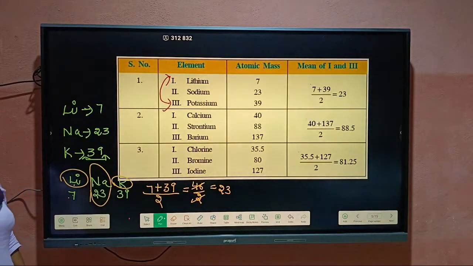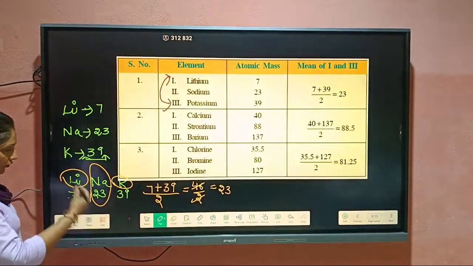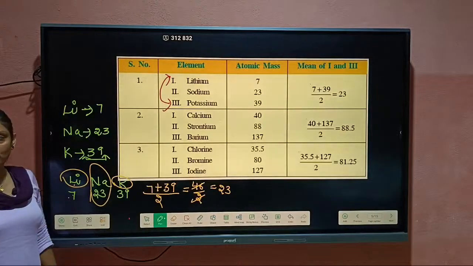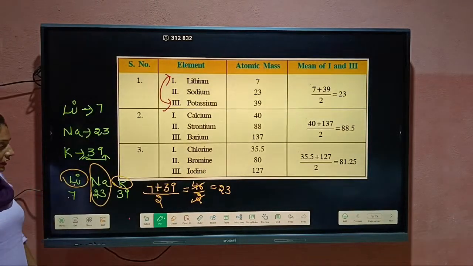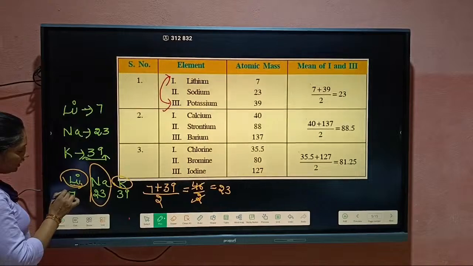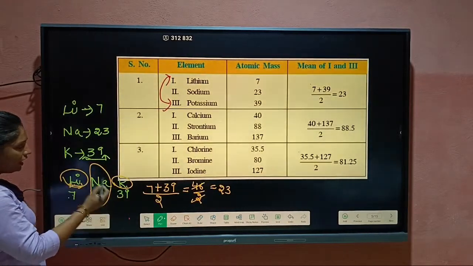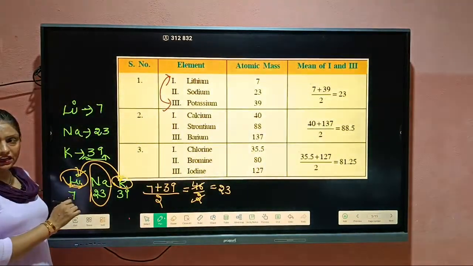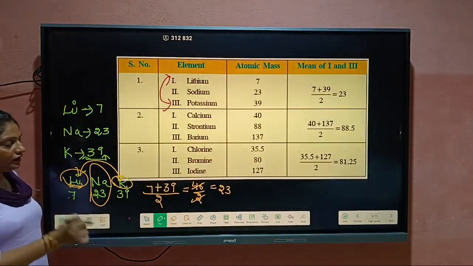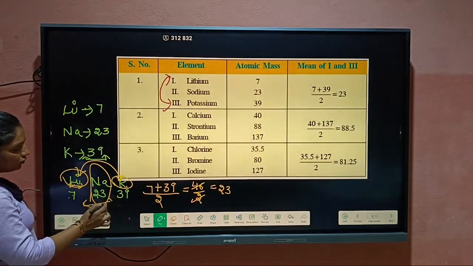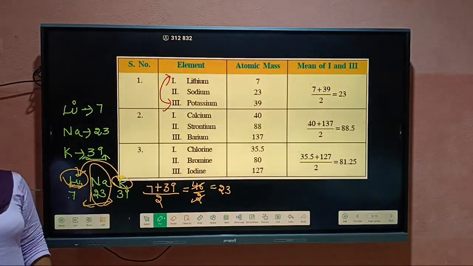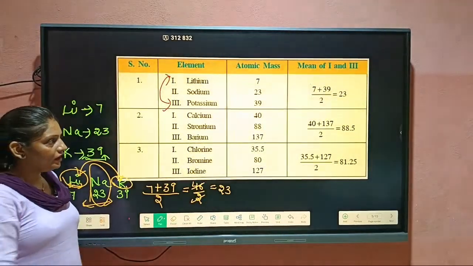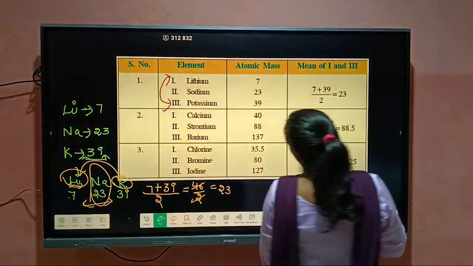So according to this law, when we arrange the elements in order of increasing atomic mass, the arithmetic mean of the mass of the first and third element is nearly equal to the atomic mass of the middle element. Is it clear to you or not? Any doubt in this?